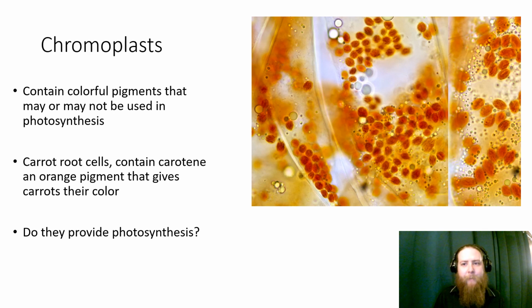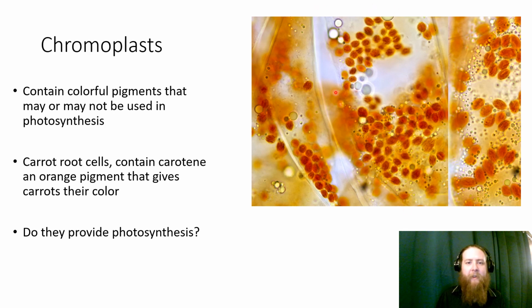All right, chromoplasts. This is a picture here of a carrot cell. Chromoplasts are very colorful plastids. They contain a lot of pigments that may or may not be used in photosynthesis. Carrot cells contain carotene, which is an orange pigment that gives carrots their color. In carrot cells, are these cells providing photosynthesis?